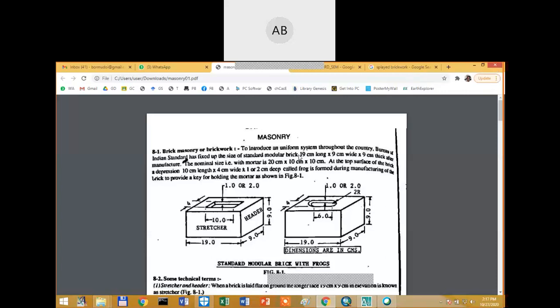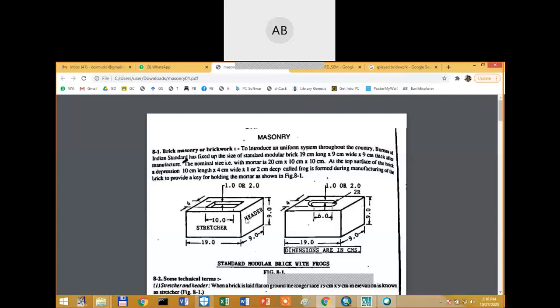The Viva panel will ask you, now you are a civil engineer, you are supposed to know what is a brick and what is the standard dimension of a brick. So we should be able to say a standard modular brick is 19 centimeter long, 9 centimeter wide, and 9 centimeter thick.